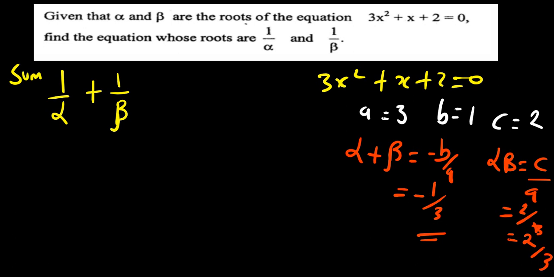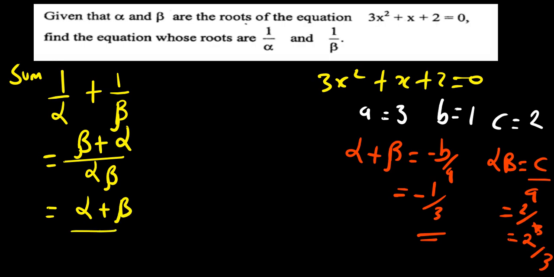You are going to find the common denominator, which will just be alpha beta. Then you have beta plus alpha. Addition is commutative, so you can say alpha plus beta, divided by alpha beta.